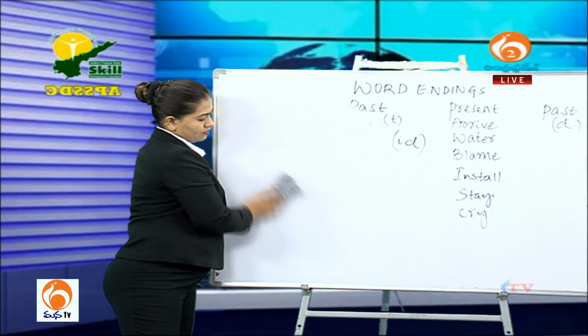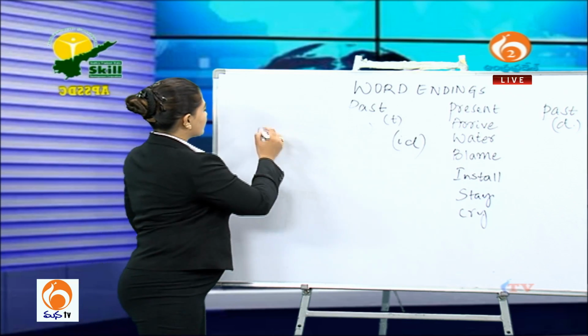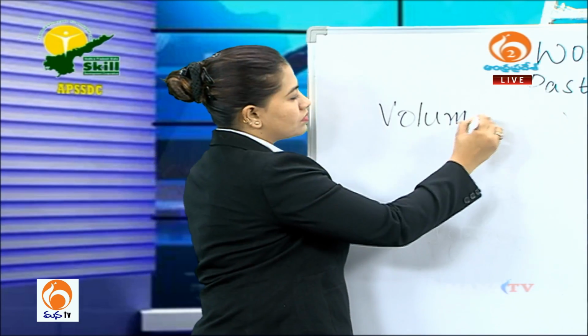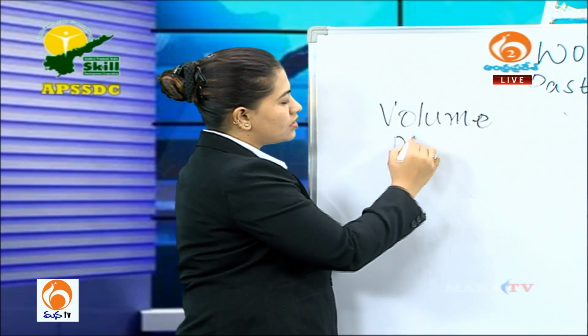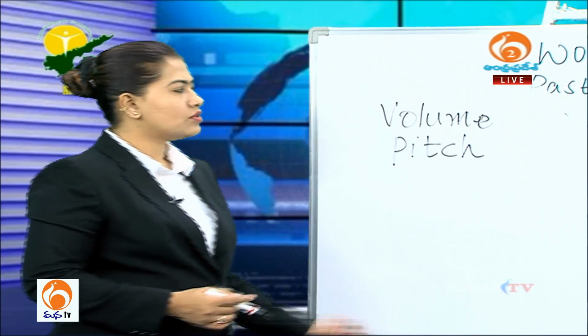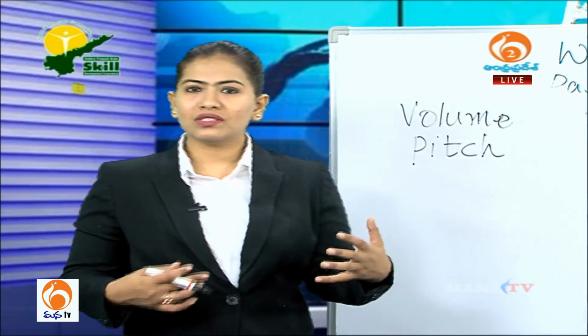And while you are giving intonation to the speech, you have to keep a few things very specific in mind, things such as volume of the conversation, and pitch. Let me make a note of it. To begin with, volume is nothing but the loudness of your voice.